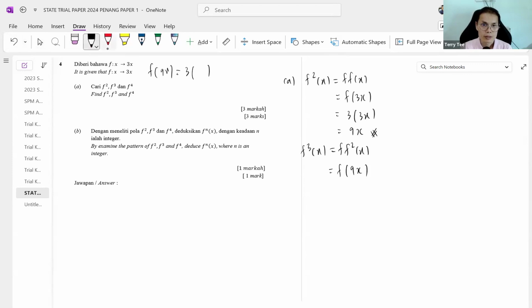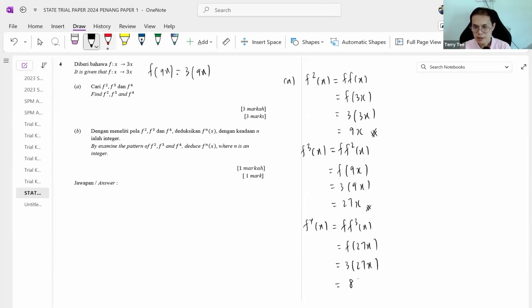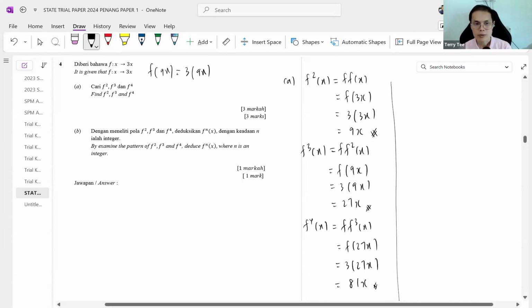If this is 9x, this is 9x. So that will give us 3 times 9x, 27x. Let's do f4. f4(x) means f3(x). Since we already have f3(x), which is 27x, we take 3 times 27x, that is 81x. Up to here, still quite easy.